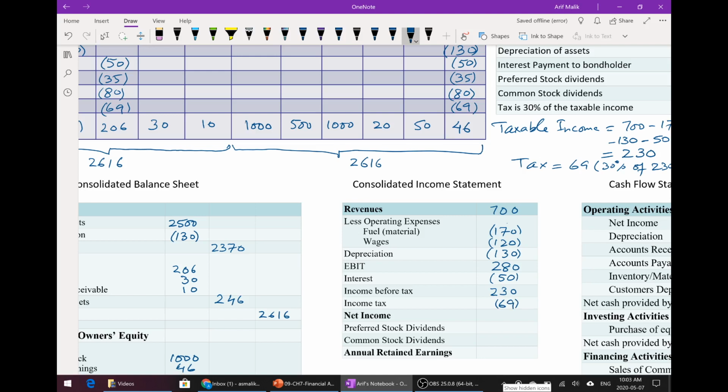The net income becomes equal to 161. On the net income, we paid the preferred stock dividends, which is 35, and then common stock dividends were paid, which is 80, and then annual retained earnings we got 46. This is our consolidated income statement.